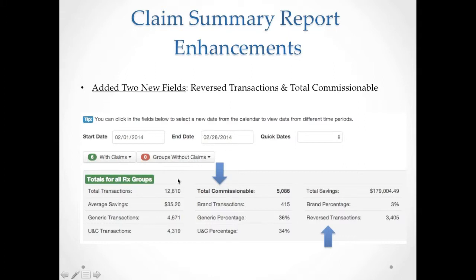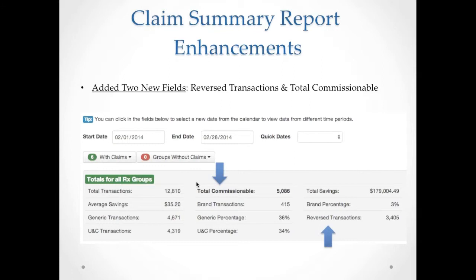So again, going through this particular screen, I looked at a group starting between February 1 and February 28. And you can see that the total transactions for this group in February 2014 totaled 12,810. The average savings was $35.20 on the medications.